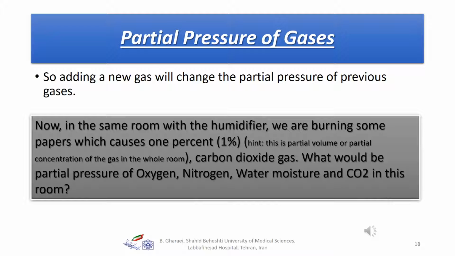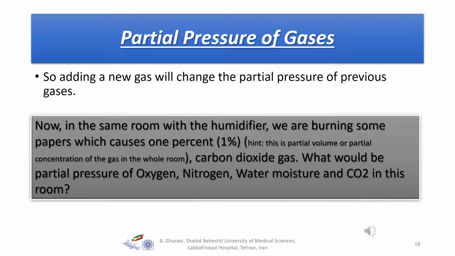A clue here is this partial volume or partial concentration of the gas is in the whole room, which means 1% carbon dioxide will cause 1% of the total pressure for carbon dioxide pressure, which will be 7.6 millimeters of mercury. Then, what would be the partial pressure of oxygen, nitrogen, water moisture, and carbon dioxide in this room?